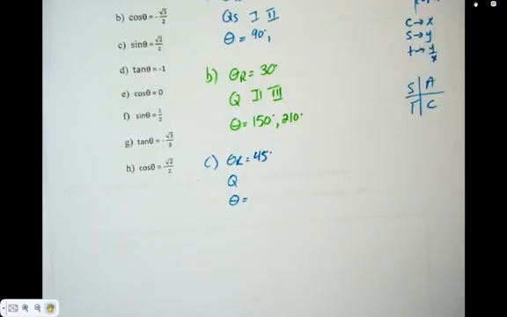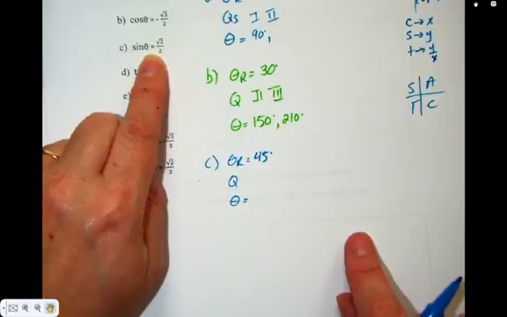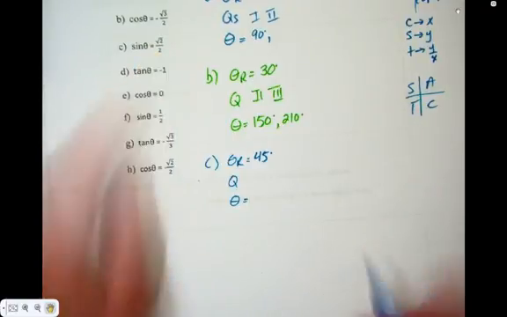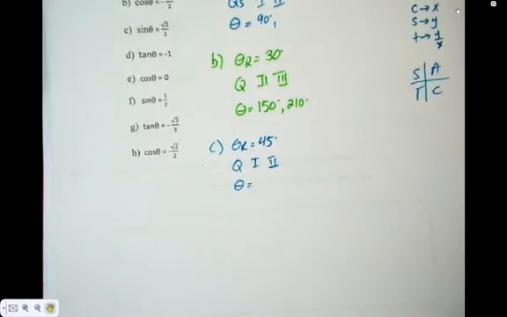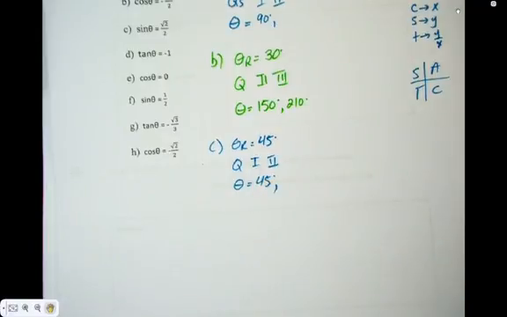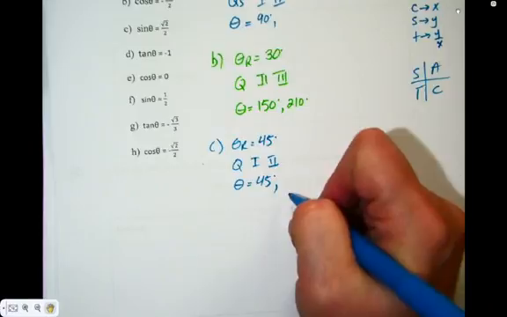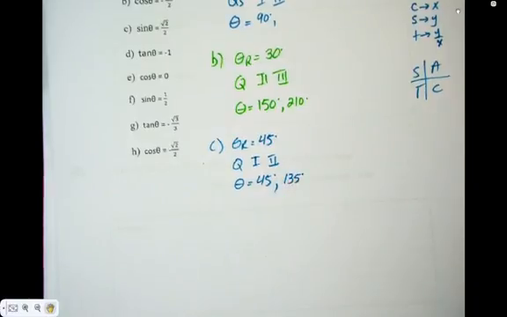How do I know what quadrants I'm picking? The sign of the sine is positive. Where is sine positive? 1 and 2. In quadrant 1, theta is 45. In quadrant 2, 180 minus 45, 135.